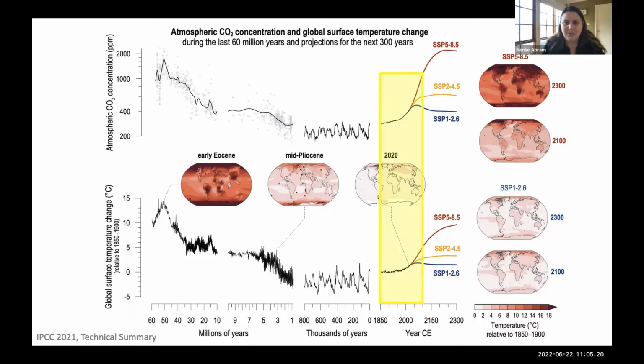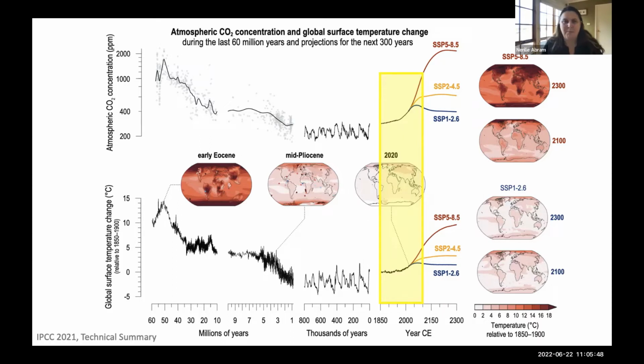I wanted to highlight this area in yellow, which is the area we would most commonly focus on in terms of climate models, from the 1850 pre-industrial through to 2100. But you can see that both in terms of past climates and also what happens beyond 2100, there's potential for much larger changes in the Earth system.